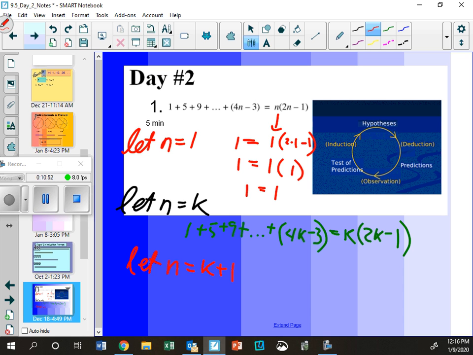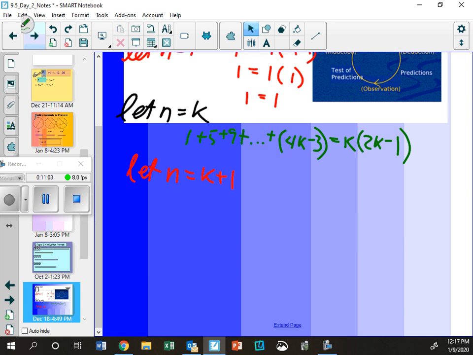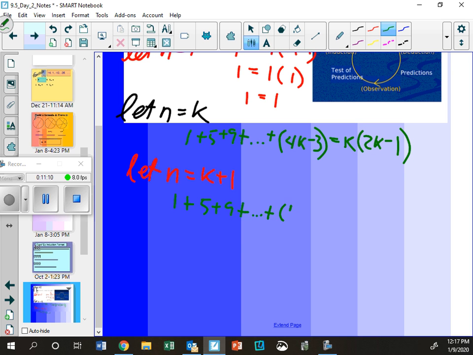k plus 1. Now, a simplistic, like, oh, wherever there's a k, put a k plus 1, that doesn't work. Because the left side's a list. So I hope you're getting this, that the left side, 1 plus 5 plus 9 plus ... plus 4k minus 3 has to have something added to it. You don't put the k plus 1 in yet. You put it at the end. Plus, and again, you don't just slap a k plus 1 here.